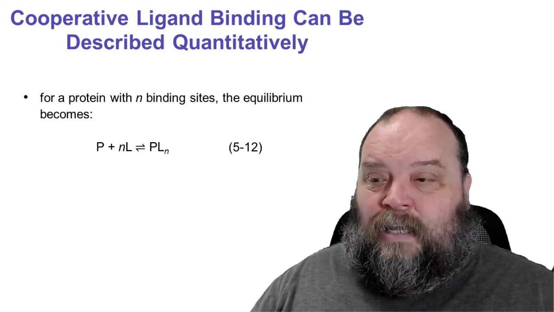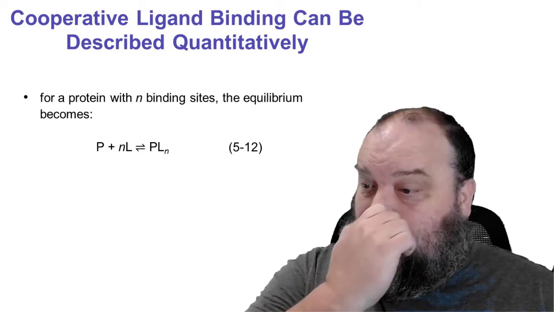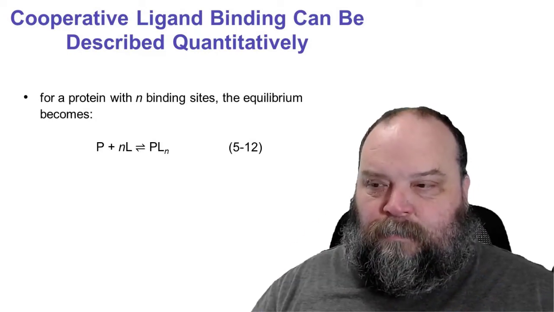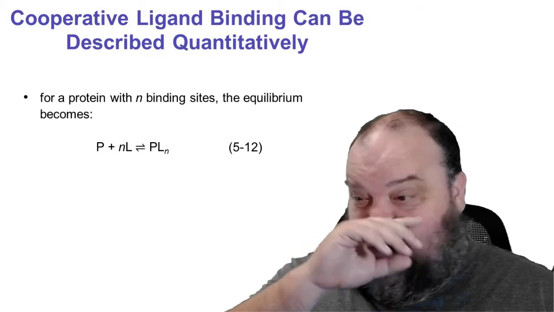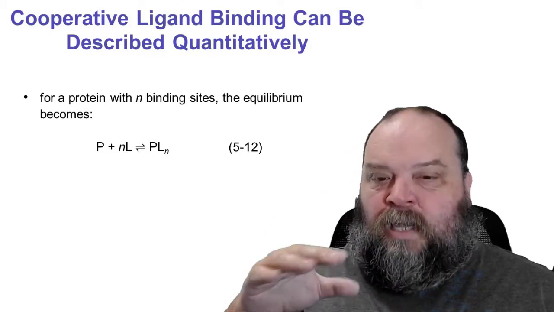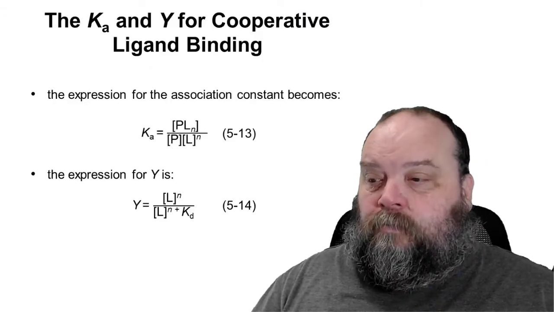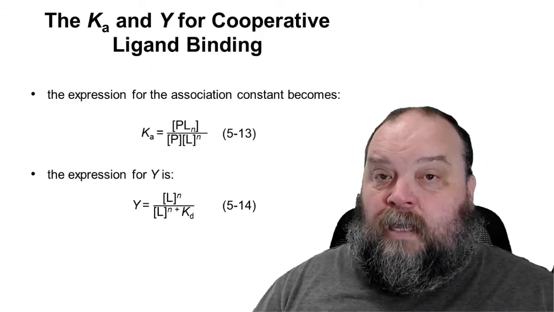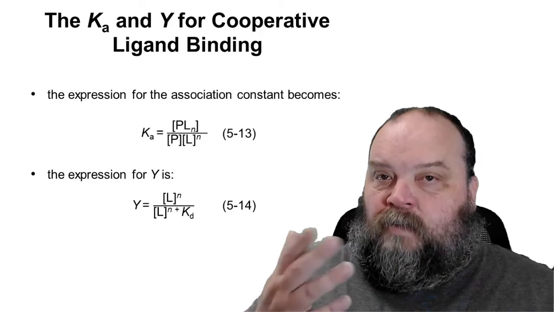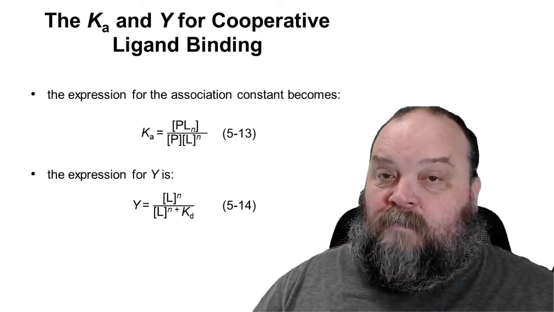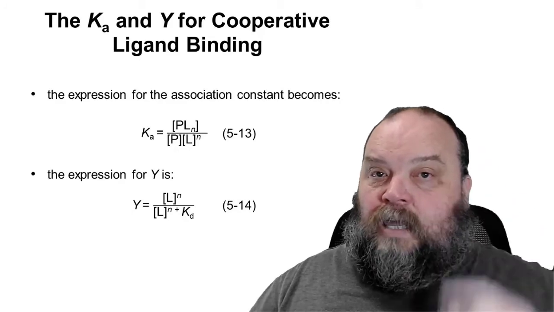P plus nL yielding PLn. n is the number of binding sites present. Go through, do the same algebraic manipulation of the equations. Ka equals the concentration of PLn bound, divided by the concentration of P times the concentration of L to the nth power.